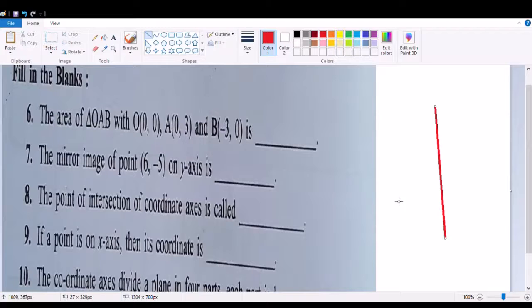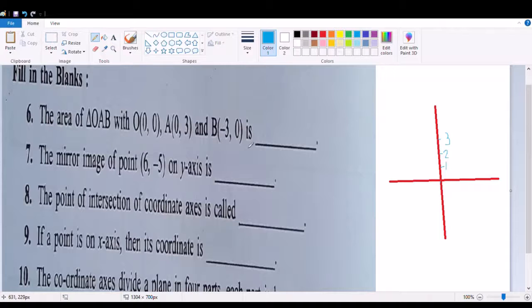So I'll just draw the figure. This is our x-axis and y-axis, and we have to plot the points here. O is the origin itself, and A(0, 3) is a point on the y-axis. This point is 1, this is 2, and this is 3.